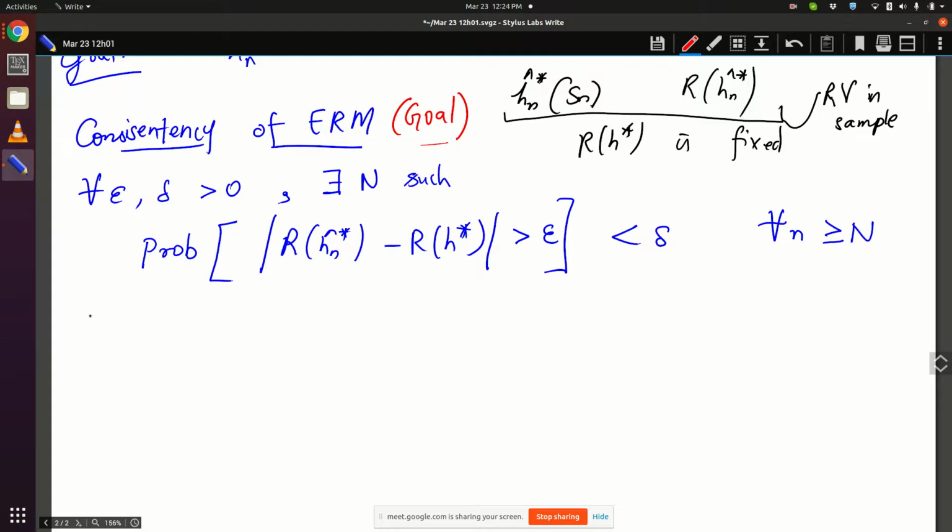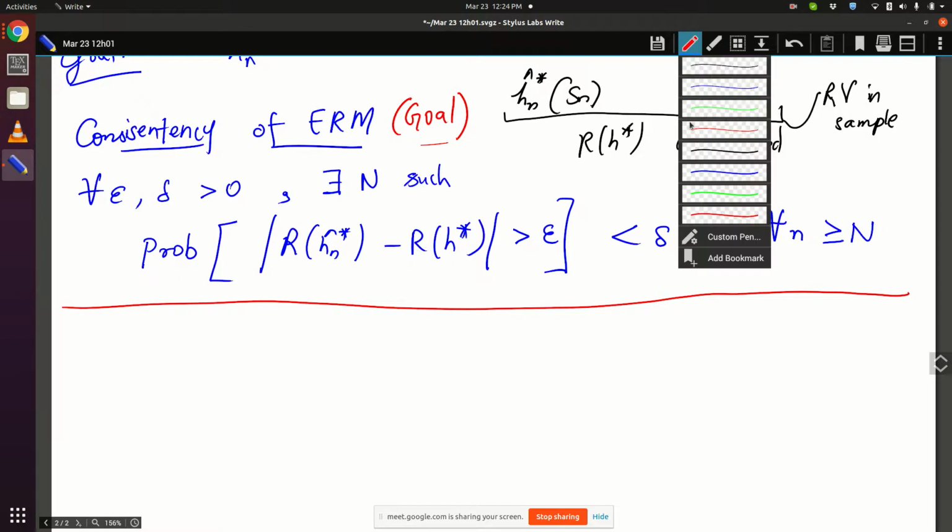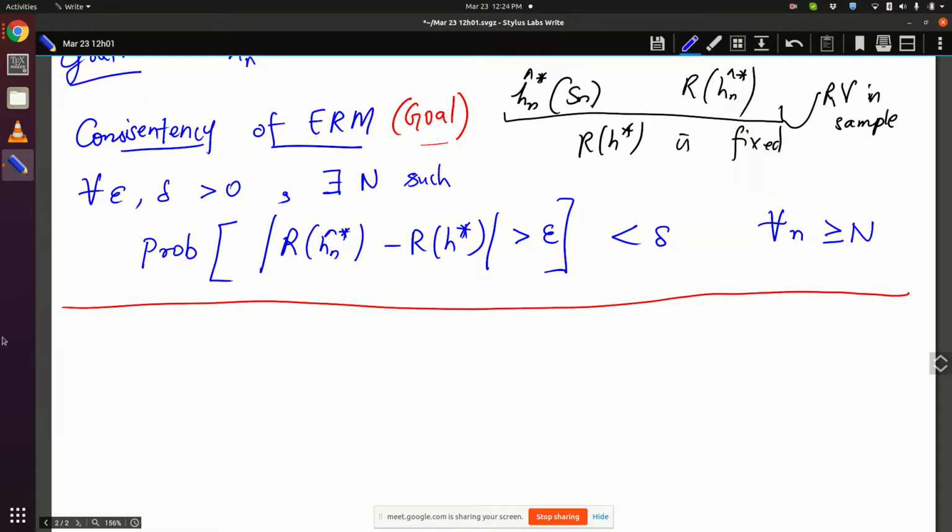Now, before that, we will recollect some things from the weak law of large numbers. Can somebody say what the weak law of large numbers is?